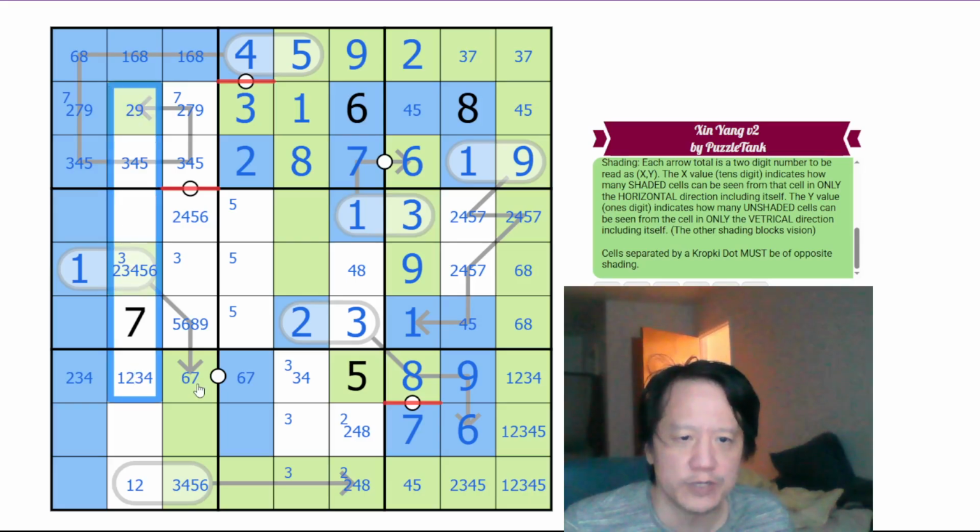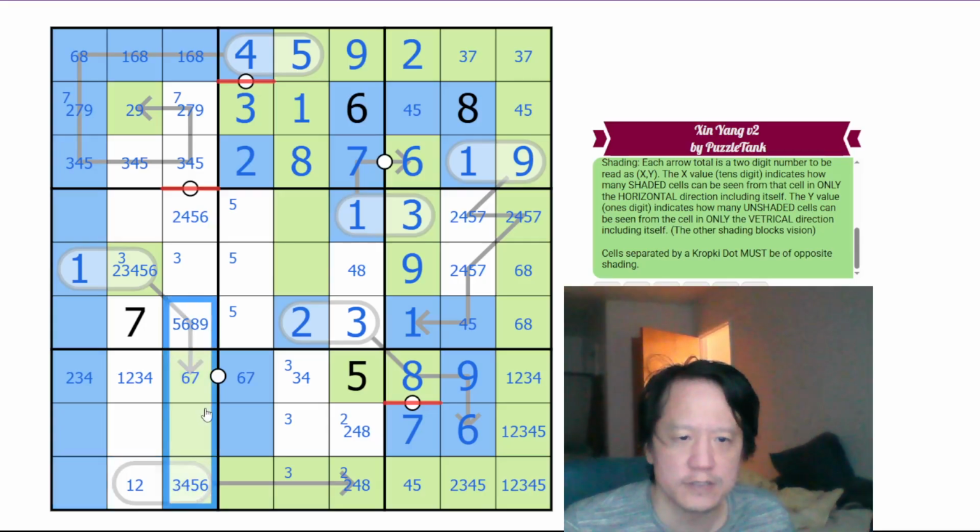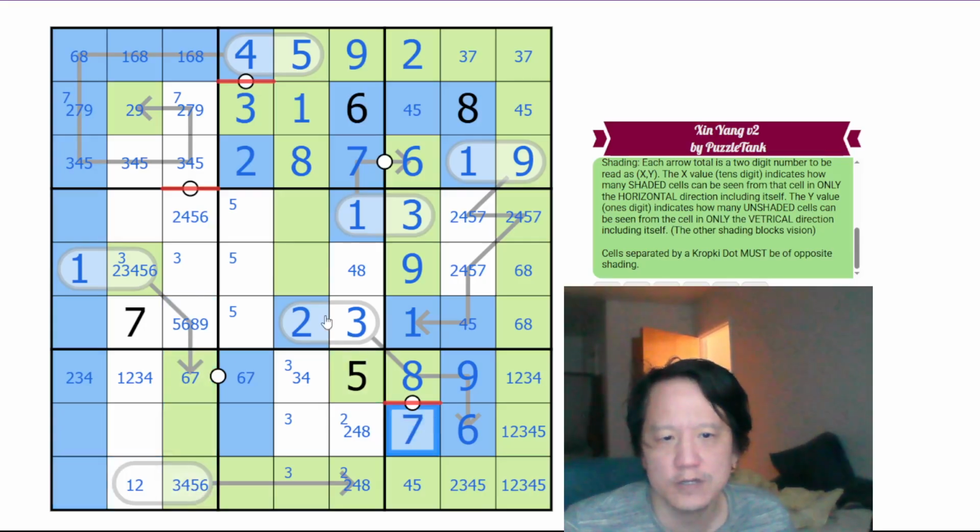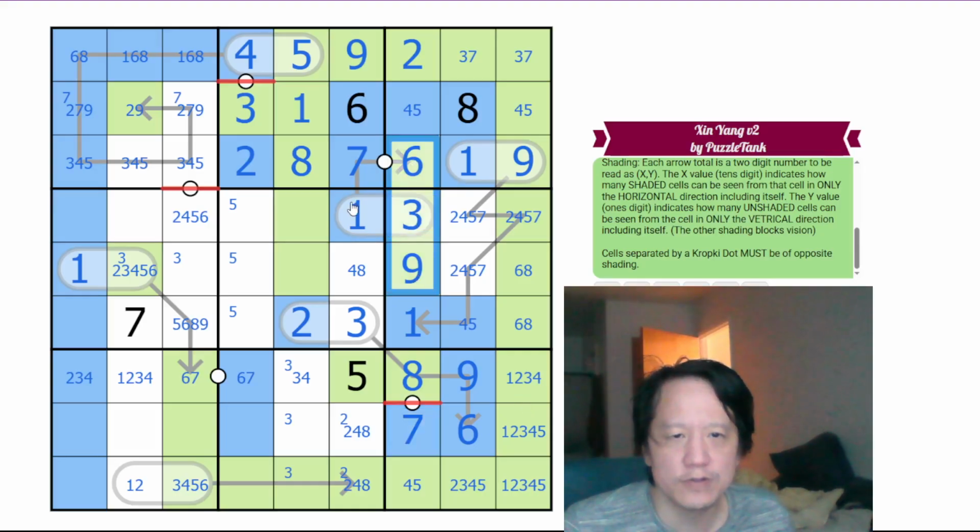We don't know what that is. This could be 1 or 2 horizontally. This is at least 3 vertically, 2 horizontally, 3 vertically. So it's either those 3 or those 3. 3 vertically, 1 horizontally, 9 vertically, 1 horizontally.